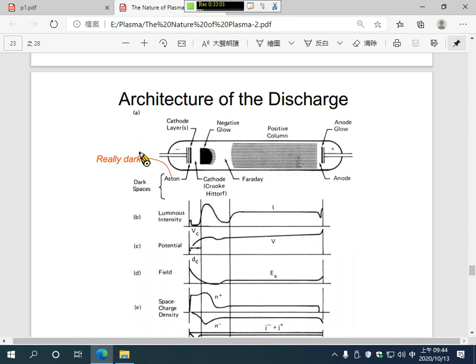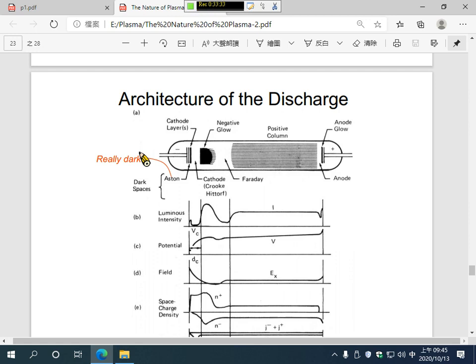And last week, you have already known, in order to generate plasma, there must be a cathode and anode, and the cathode layer and negative glow. Small portion of negative glow. So positive column is not required. It is not required in your plasma system, right?